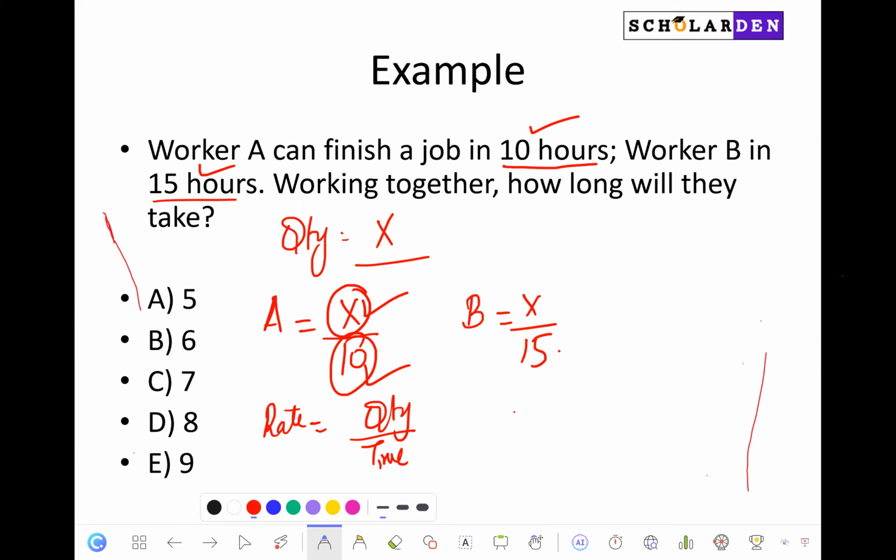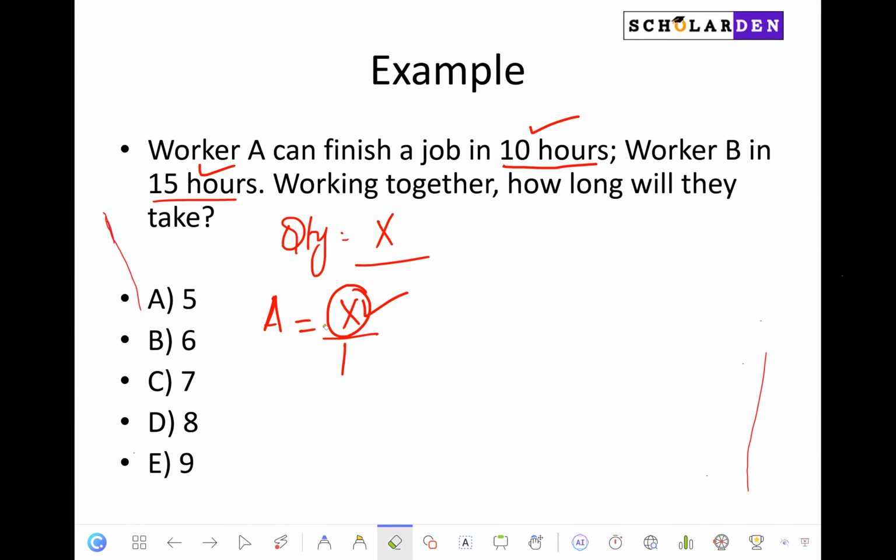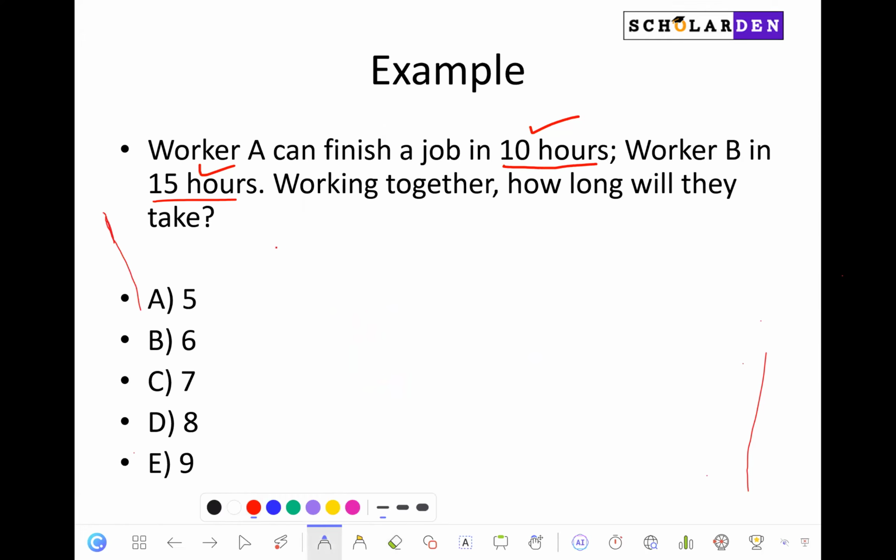If I simply add these rates together, the total rate is going to be X over 10 plus X over 15. So that is my total rate.